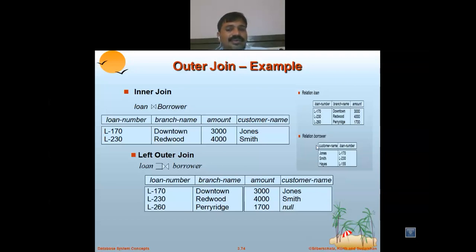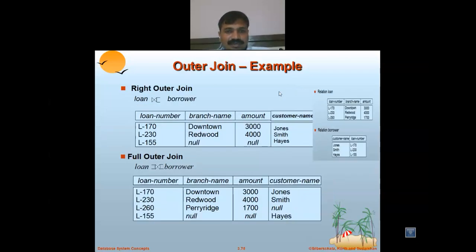So in this case, only the two table records are displaying. The John Smith is there, so only that record is displaying. But this Hayes record is not displayed. So when an unpredicted record is there, we can use a null value. So in this case, use a left outer join.